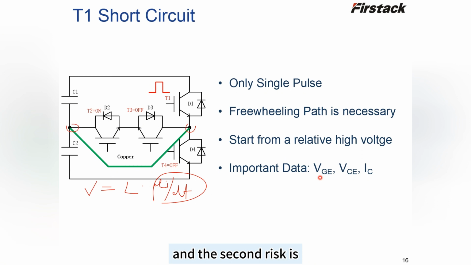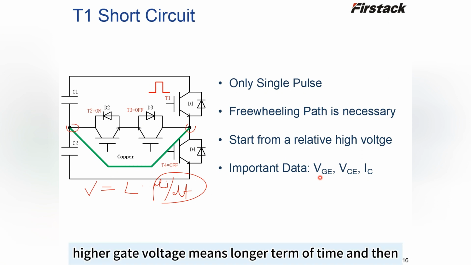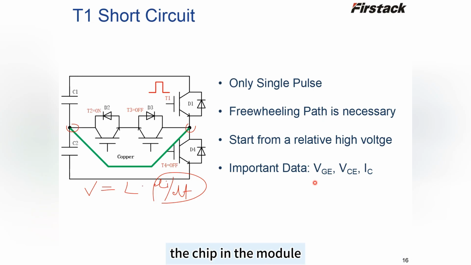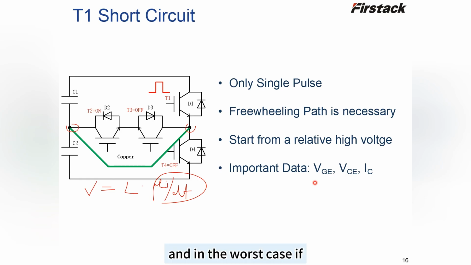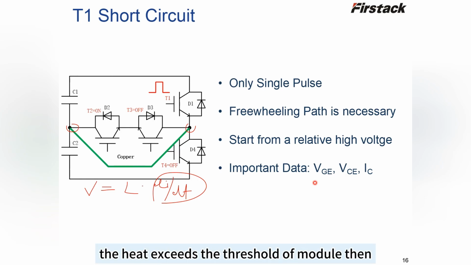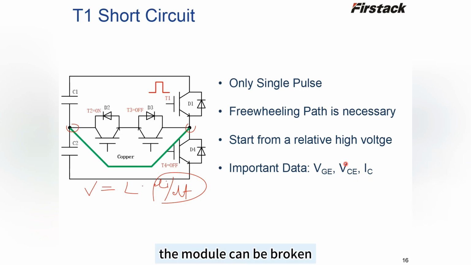And the second risk is higher gate voltage means longer turn-off time, and then the chip in the module needs to afford such high current for longer time, which will lead to a greater heat generation. And in the worst case, if the heat exceeds the threshold of the module, then the module can be broken. So please remember this point.